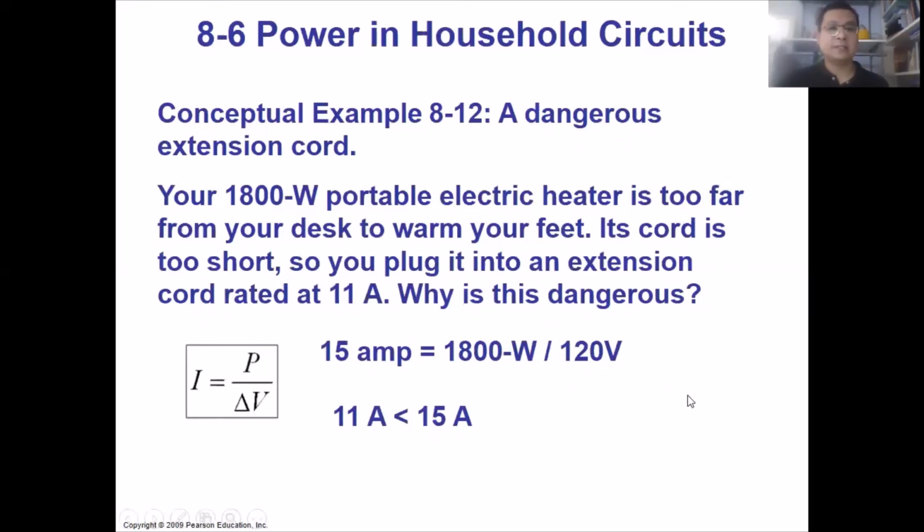So you plug it into an extension cord rated at 11 ampere. Is this dangerous? Yes, I can say yes, because we can calculate by the similar formula and get 15 ampere, which is more than the extension cord rating. So this will be dangerous.